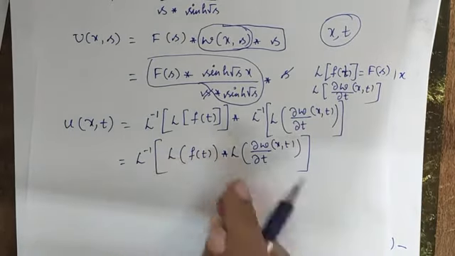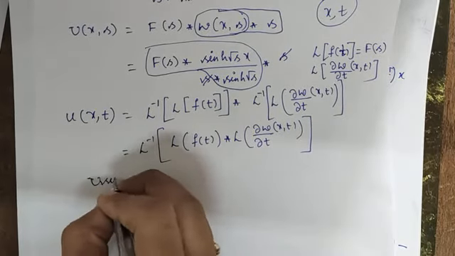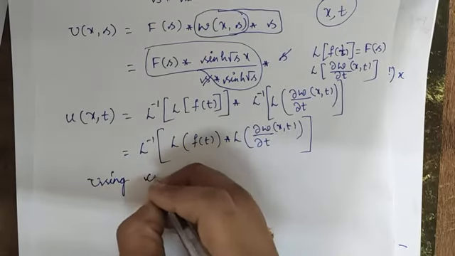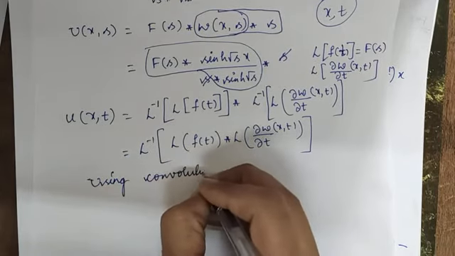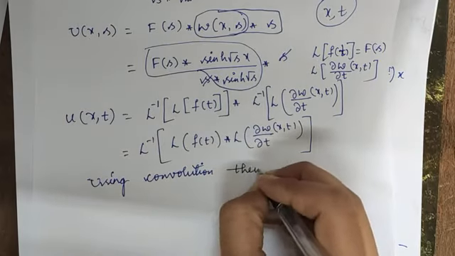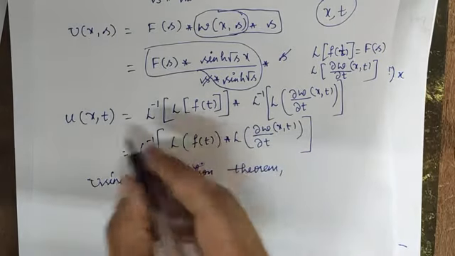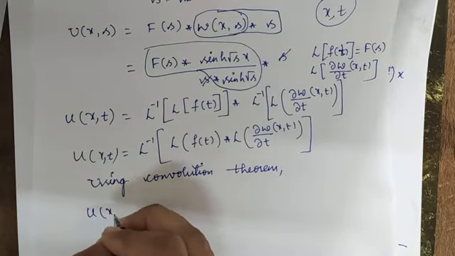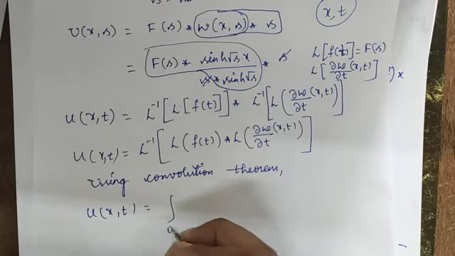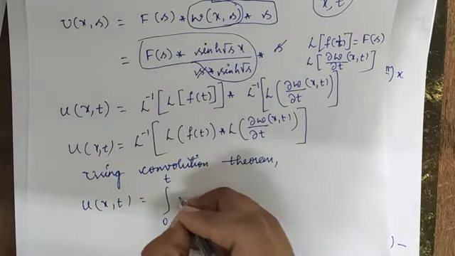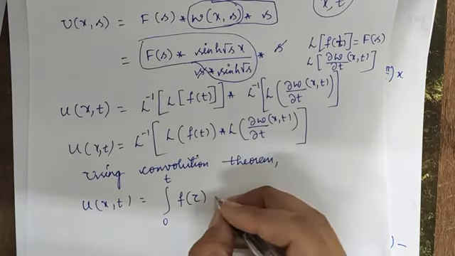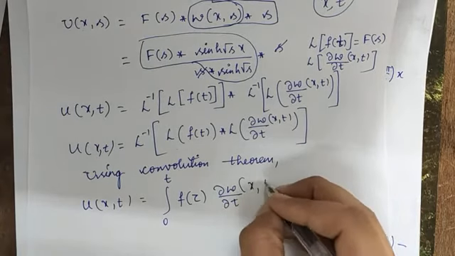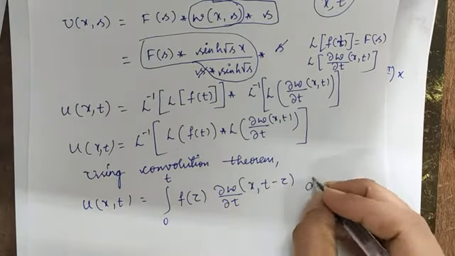So using the convolution theorem, which I have given in the beginning of the wave equation itself, I can write this whole term as u of x comma t is equal to the integral from 0 to t of f of tau into dou omega by dou t of x comma t minus tau d tau.